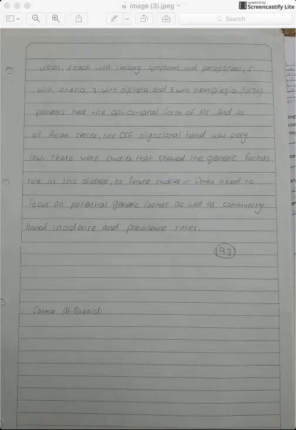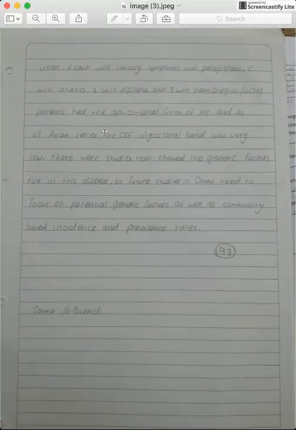Okay, moreover, 12 patients presented with blurred vision, I'm guessing. 6 each with sensory symptoms and paraplegia, 5 with ataxia, and 5 with diplopia, and 2 with hemiplegia.